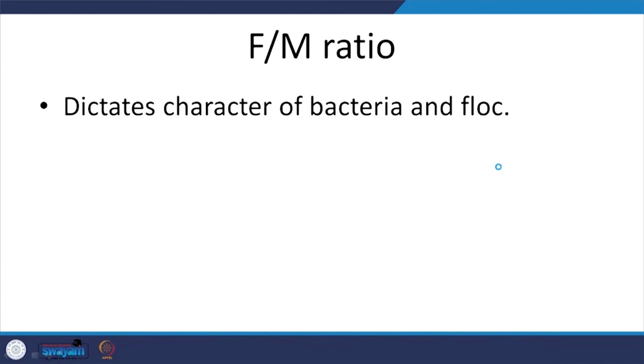Let's move on. So the F by M ratio, right? This is one other critical aspect. Food by microorganism ratio. When we say food, it's our waste that we are talking about, and microorganisms. We need to look at this ratio because we need to understand the optimum conditions that will lead to optimal settling of the sludge and also optimal removal of our waste from the relevant wastewater, right?